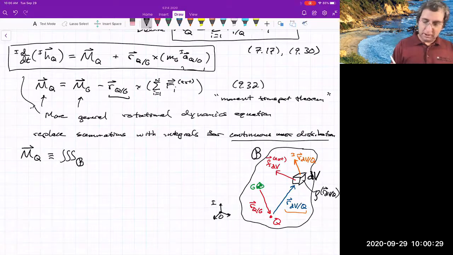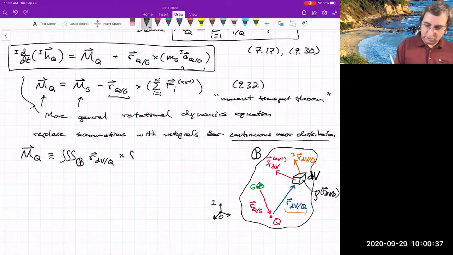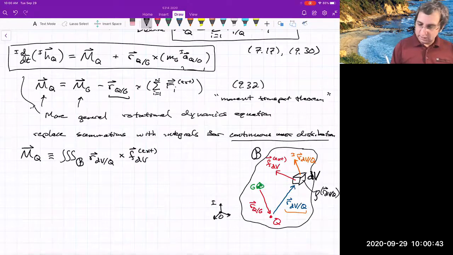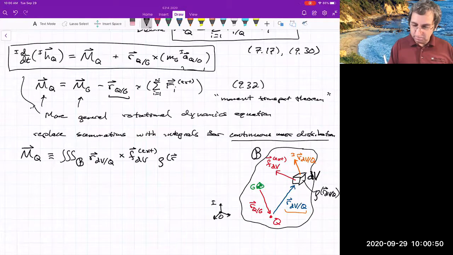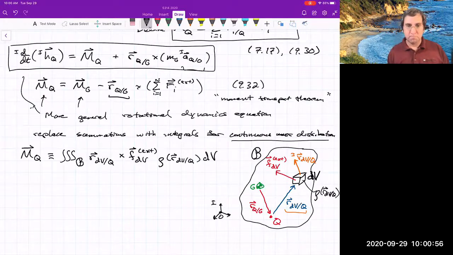It's the integral over the body, R dV, with respect to Q. So the moment arm cross the force density times the mass of this volume element, which means that's the density times dV, the little infinitesimal volume element.